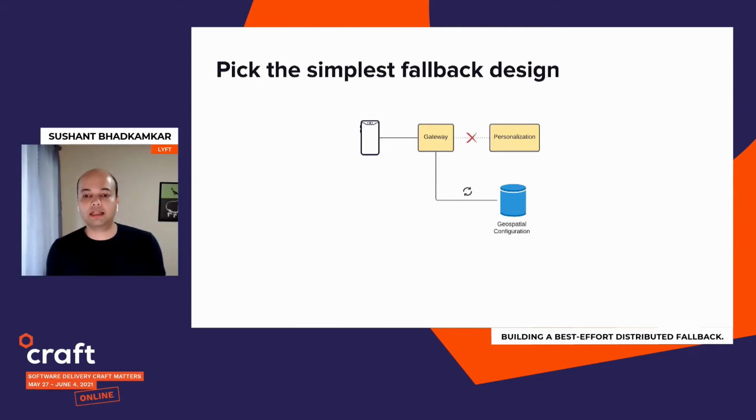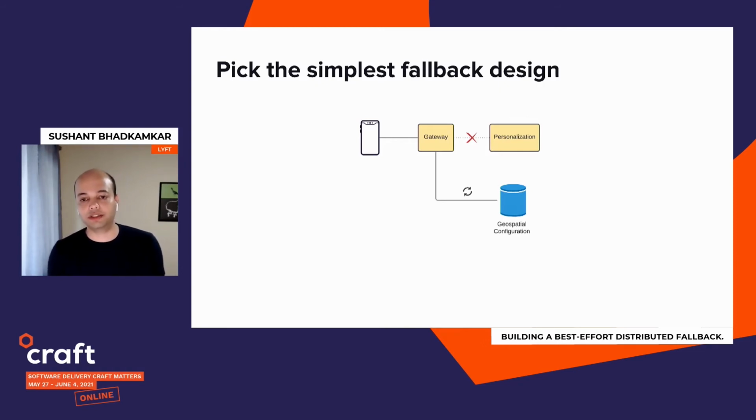The other thing that I forgot to mention was the geospatial configuration. The updates to those configurations are proactively pulled by all its clients. So if a service needs this geospatial configuration, we have agents within our application code that check for updates to the configuration, and if there are any updates, they pull the latest version.